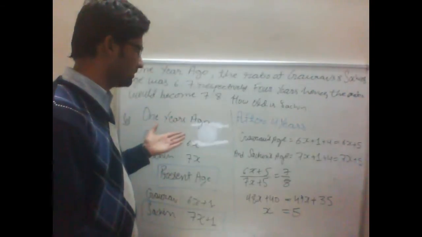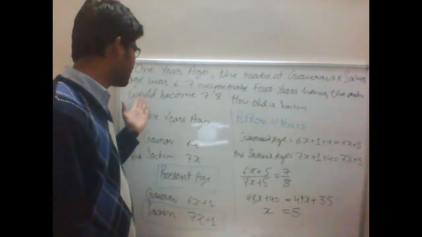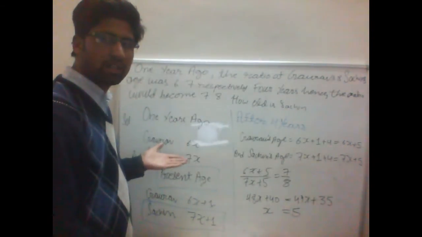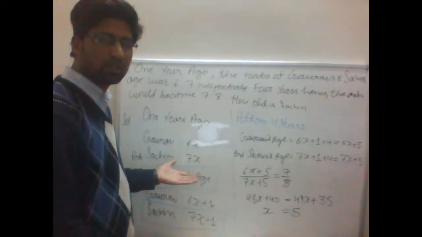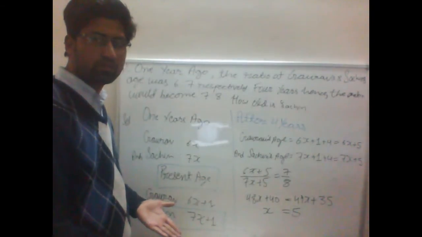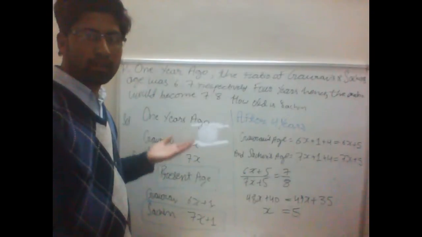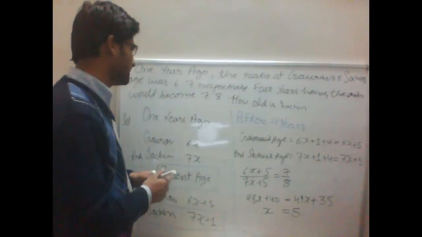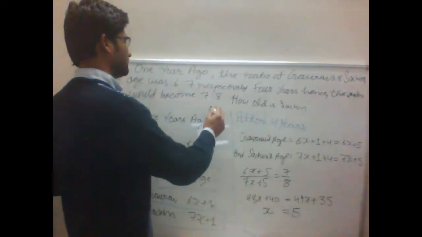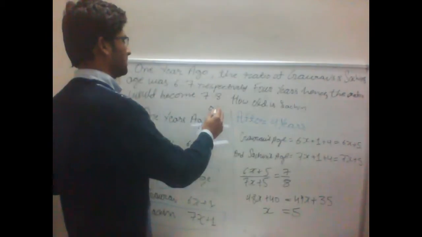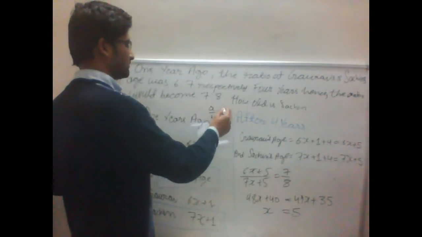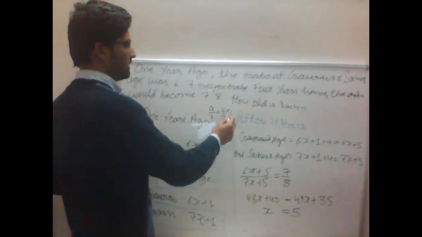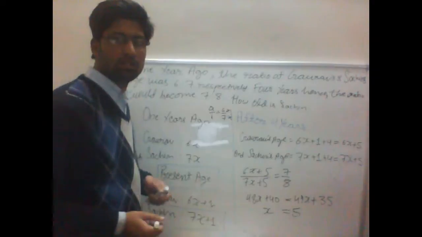One year ago, the ratio of Gaurav's and Sachin's age was 6:7. So one year ago, Gaurav's age is 6x and Sachin's age is 7x. Why are we taking this x? We are going to discuss it in much more detail in the ratio and proportion topic. But for this moment, it is enough that whenever we have two quantities given in a ratio, here 6 and 7, if I multiply numerator and denominator by x, the ratio will not get changed.